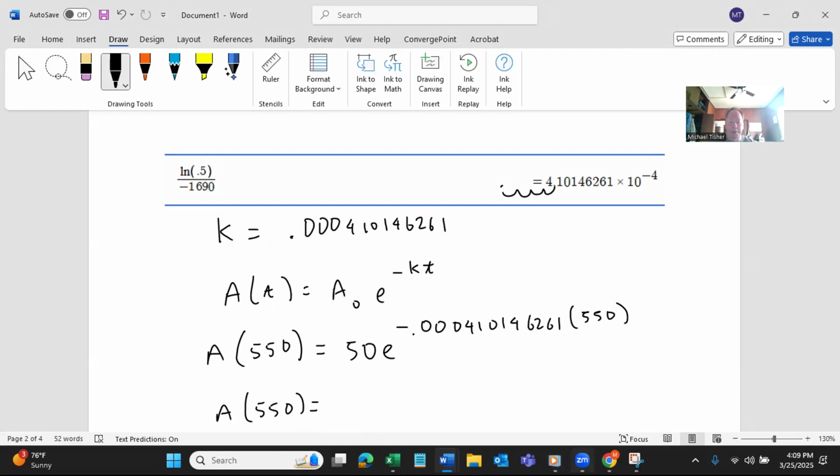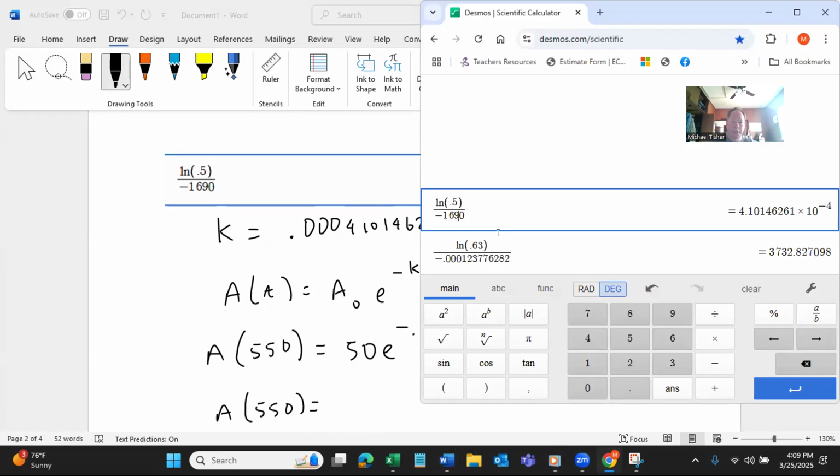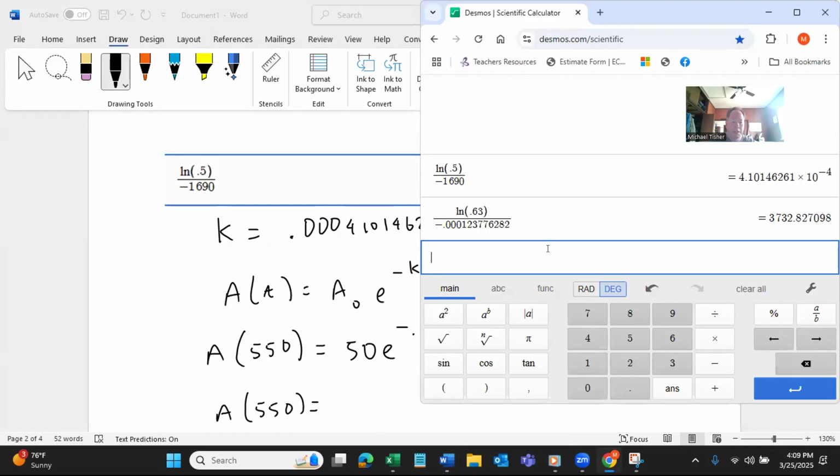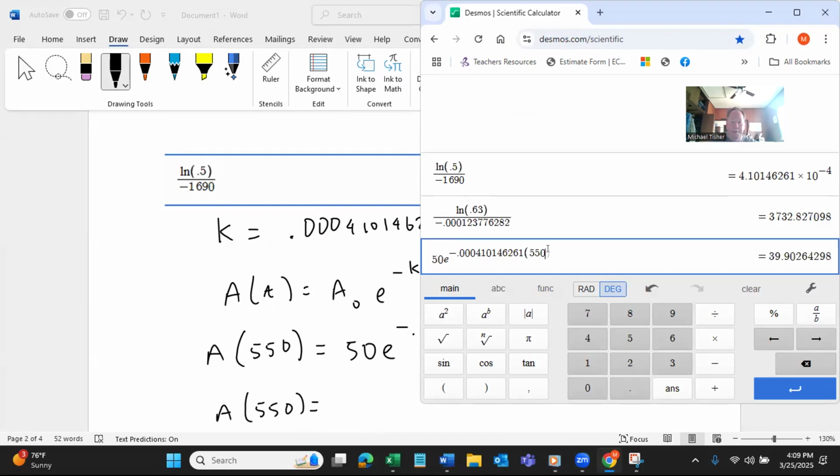Let's use the Desmos calculator for that. 50e to the negative 0.0004101 46261, and then times the 550. All right, I believe everything's in order.